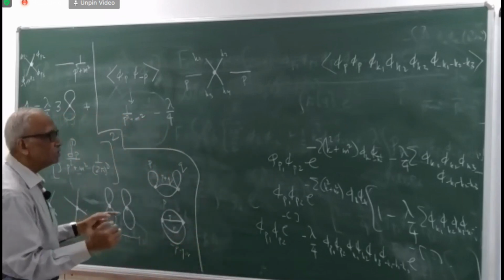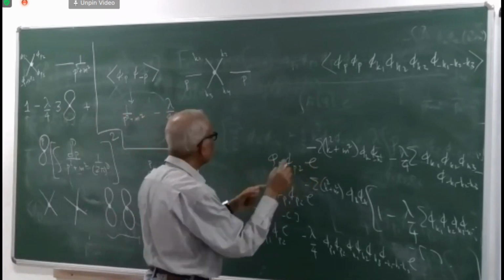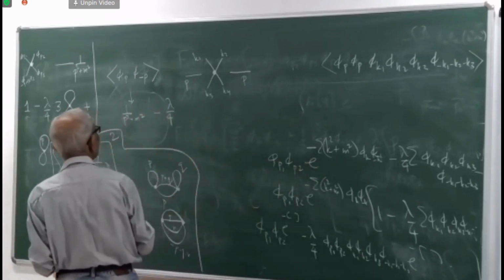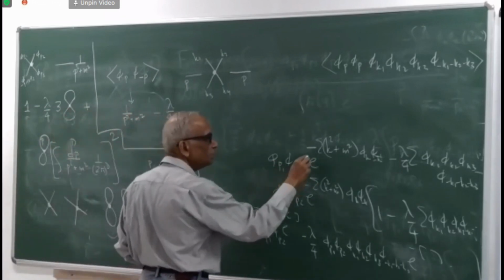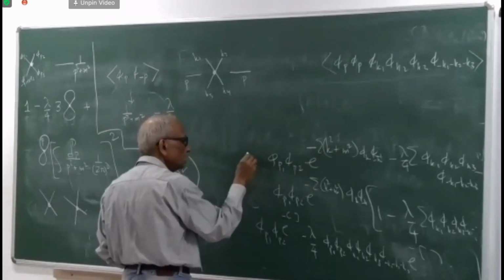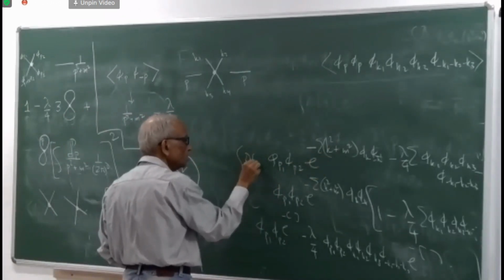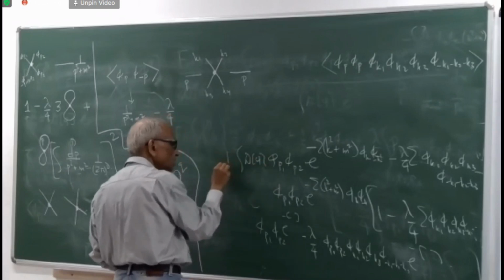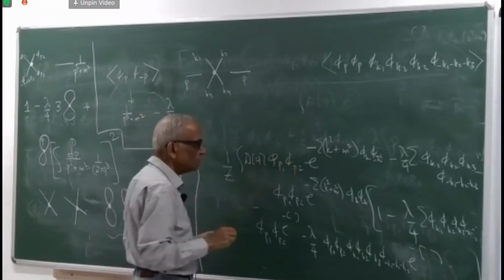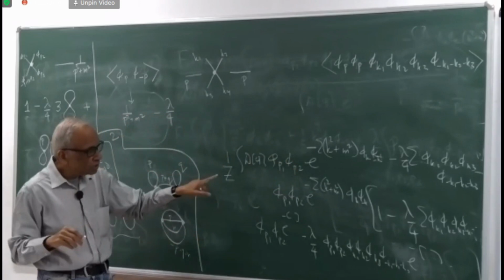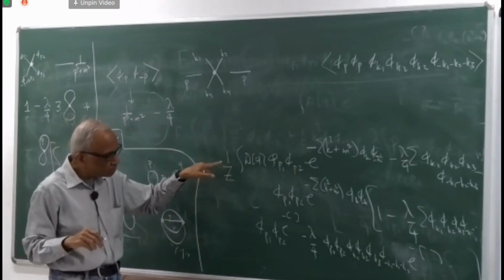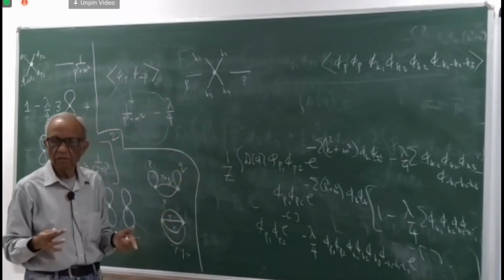So when I'm saying that this is phi p1, phi p2, integral over the d phi, I have tacitly said this is the expectation value of phi p1, phi p2. Expectation value means that I have the Z in the denominator.